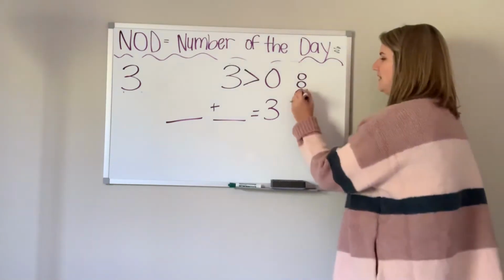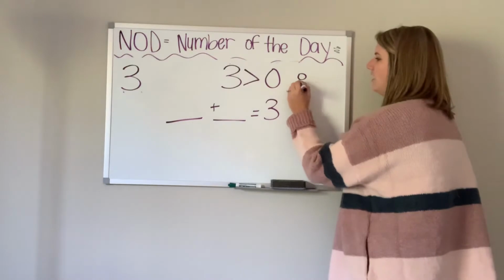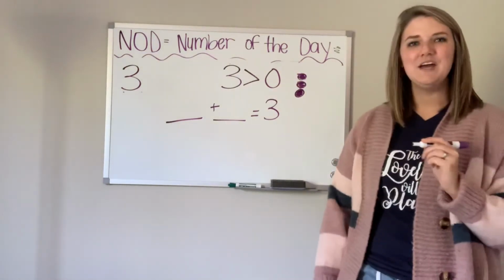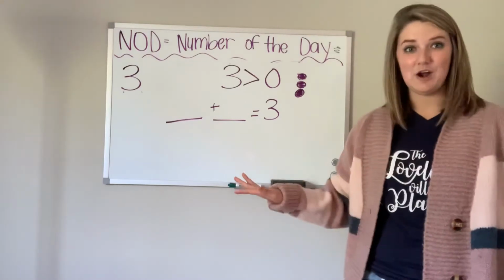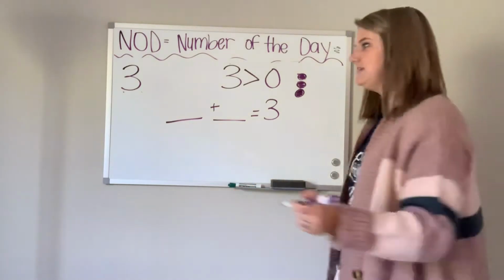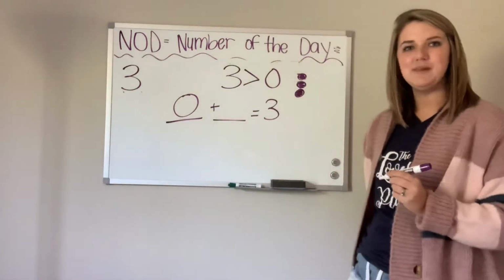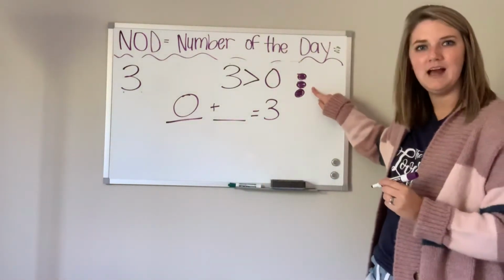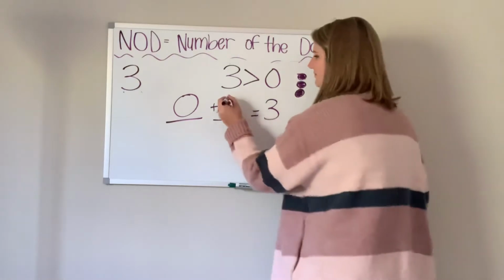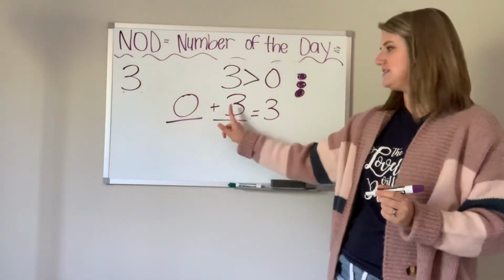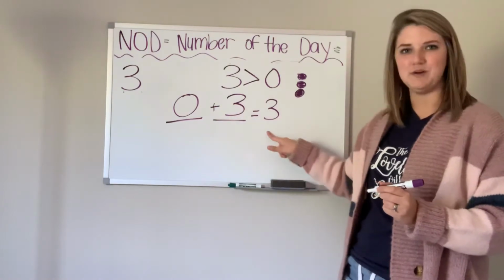So I'm going to color in all of my circles purple. I don't have any that are green today, which means I have 0. 0 green plus how many purple? I have 3 purple. So I have 0 plus 3 equals 3.